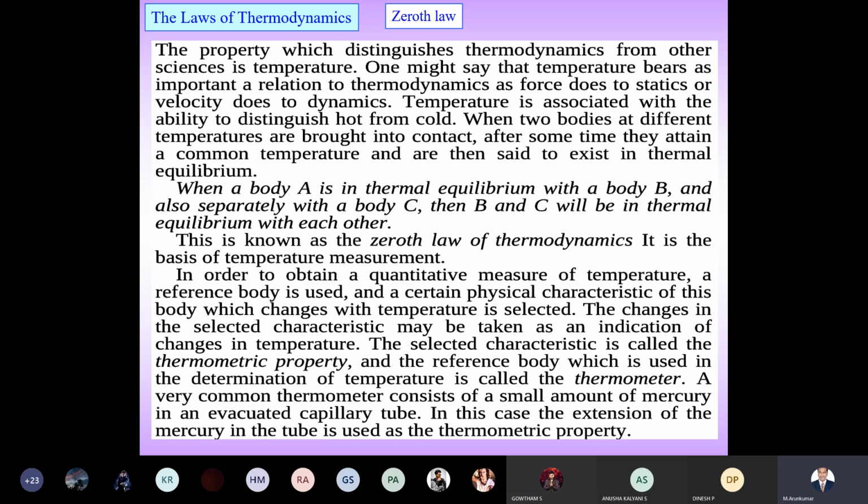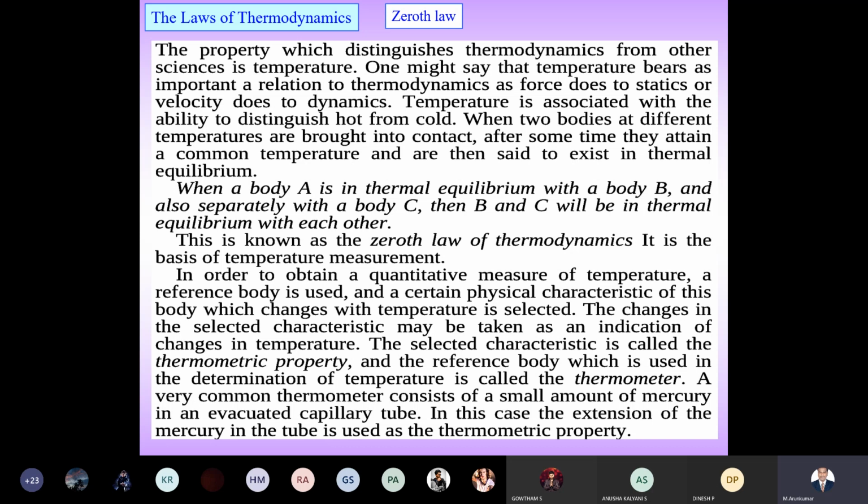When a body A is in thermal equilibrium with a body B and also separately with a body C, so A is in contact with B and separately in contact with C, but there is no contact between B and C, then B and C will be in thermal equilibrium with each other because of the zeroth law of thermodynamics. This is known as the zeroth law of thermodynamics.